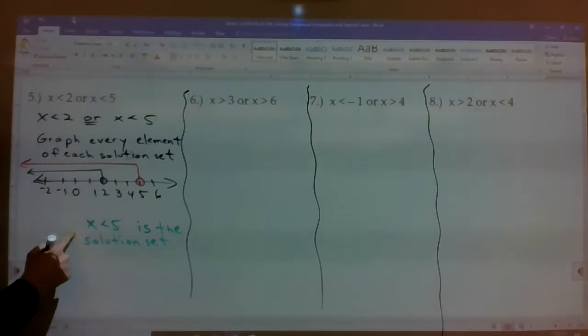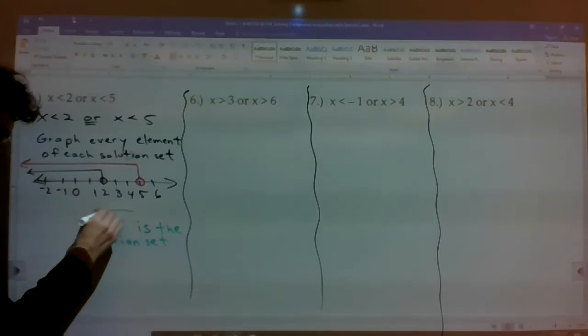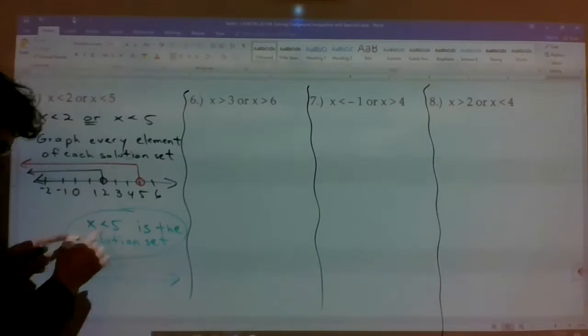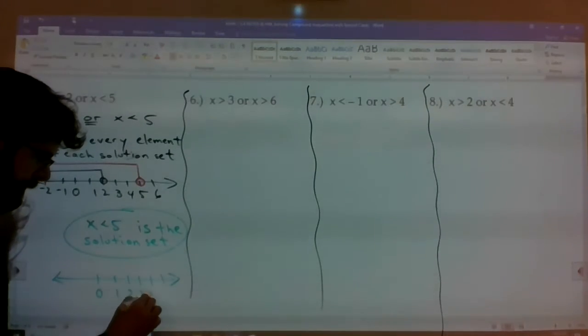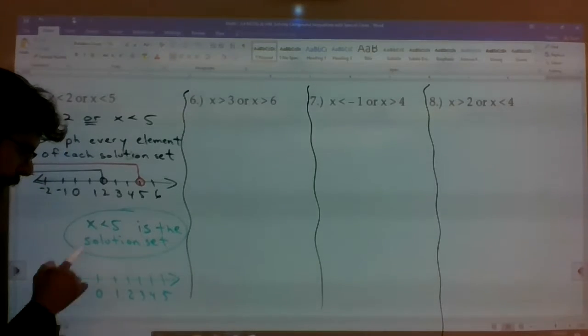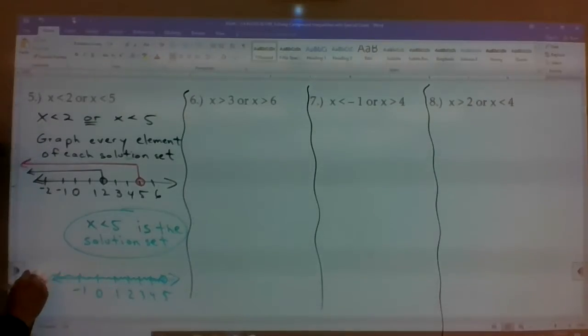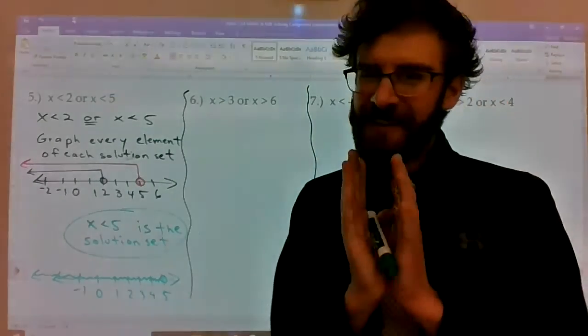That's my final answer when these two are put together with or. And then your final graph is going to be just x is less than 5. Open circle at 5, going this way. I know, it's kind of tricky.